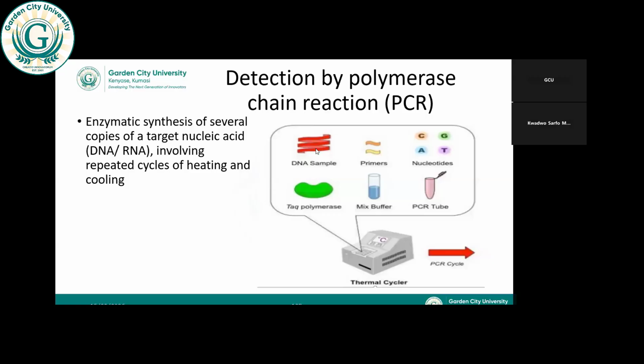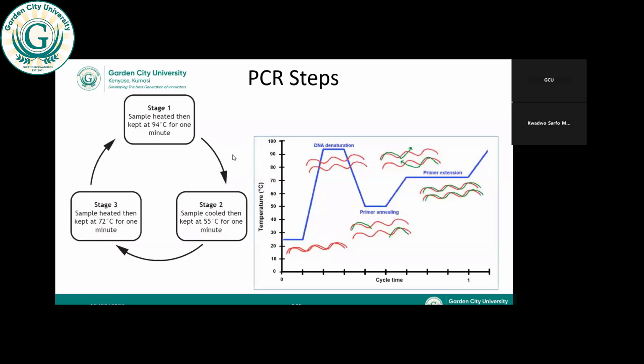So that is one cycle. Then the next cycle will begin where you have another binding. Then the polymerase will add the nucleotides so that you can multiply several times. All right. So PCR steps, polymerase chain reaction.